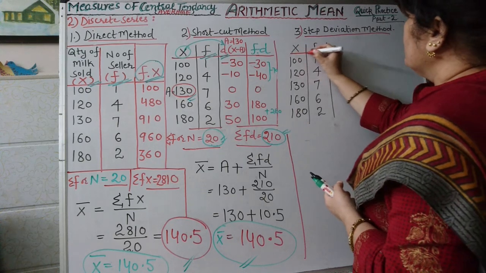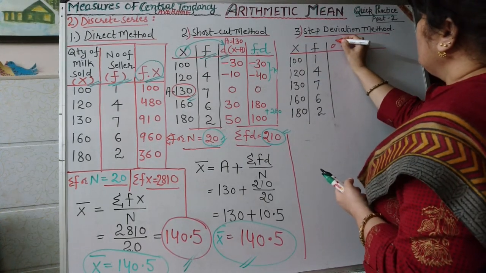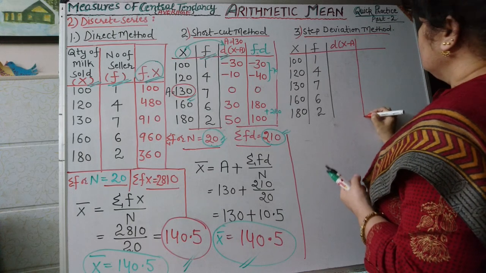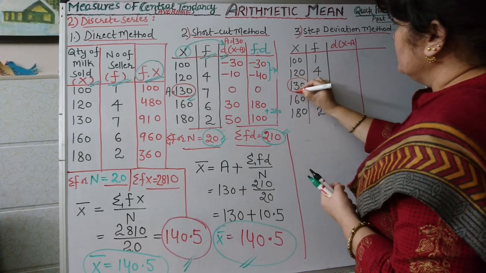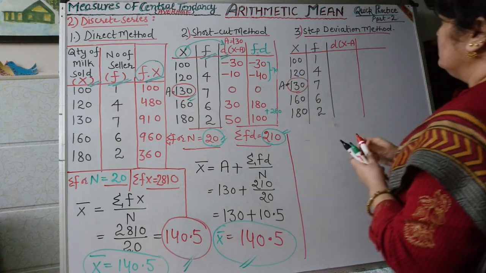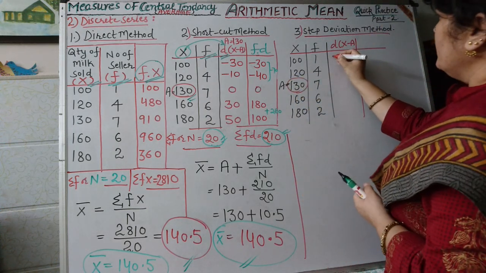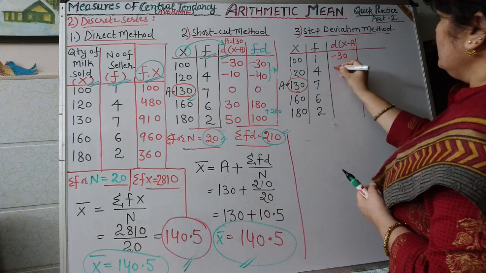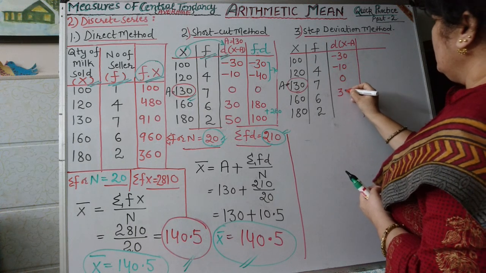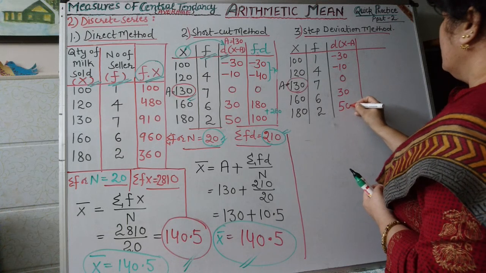Let us first calculate the values of d, which means x minus a. Let us take 130 as assumed mean. The values of d will be minus 30, minus 10, 0, 30 and 50.